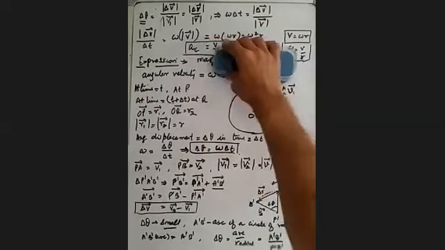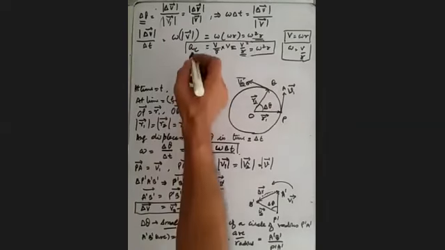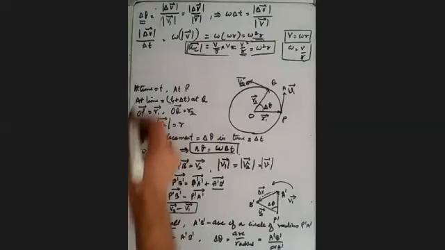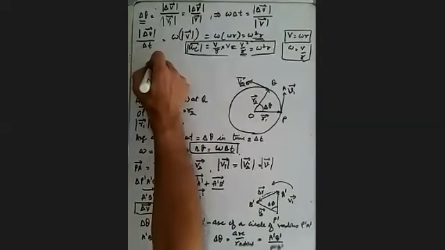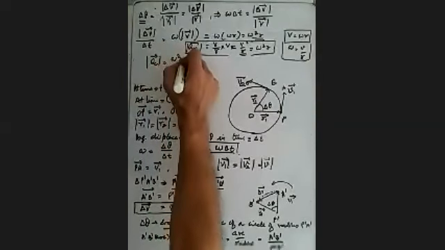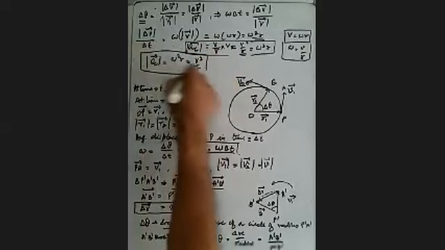So that is the expression for centripetal acceleration, and you can represent it with the help of a vector and its magnitude also. So AC is equal to omega square r is equal to v square upon r.